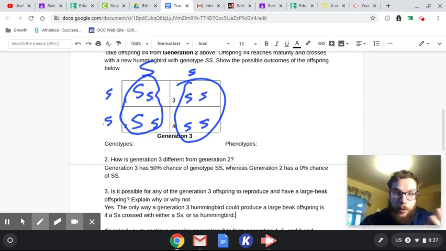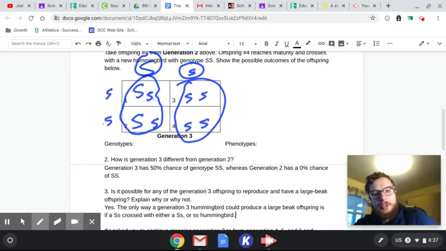But the question was just asking, is it possible for any of the generation 3 offspring to reproduce and have a large beak offspring? The answer is yes. And the only way it's possible is if it's big S, small s, and they breed with either a big S, small s, or a small s, small s. I have so many smalls and s's and bigs and s's. Okay. Hopefully that makes sense.